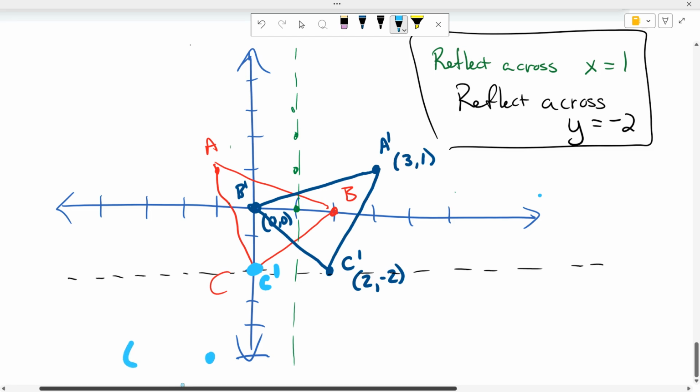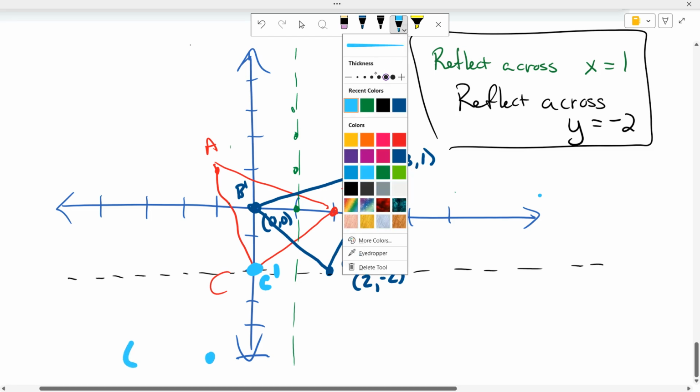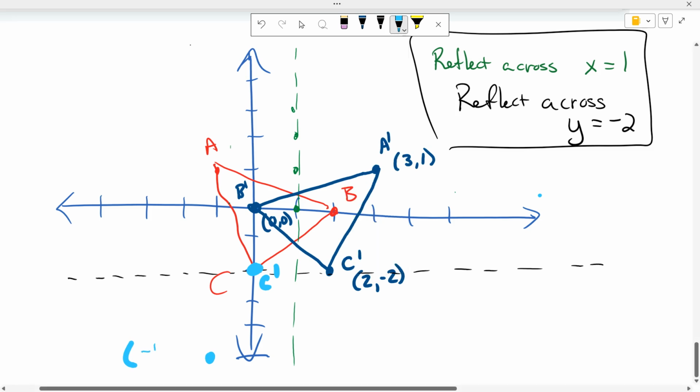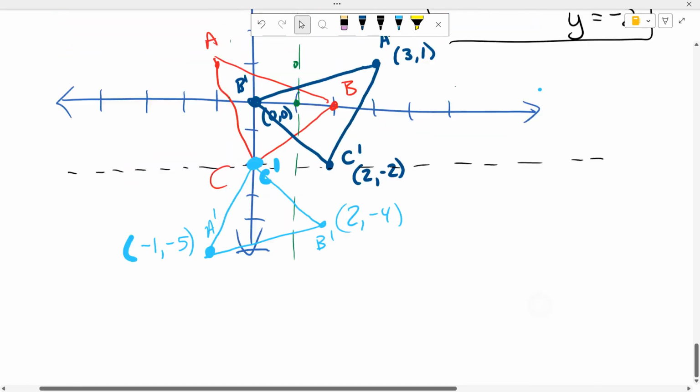So it's at (-1, -5). That's A prime. Where's B prime? It's 2 above, so it's 2 below, so it's (2, -4). Okay, so that's reflecting across lines.